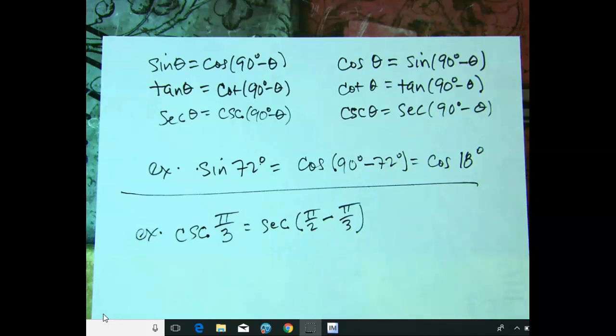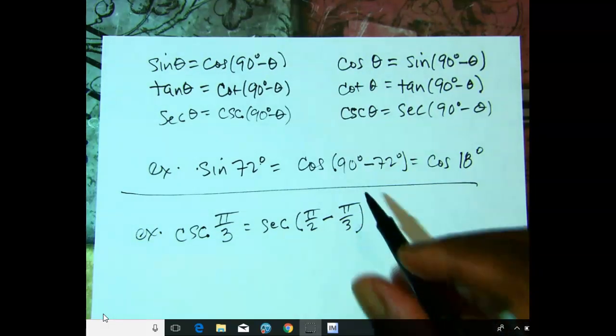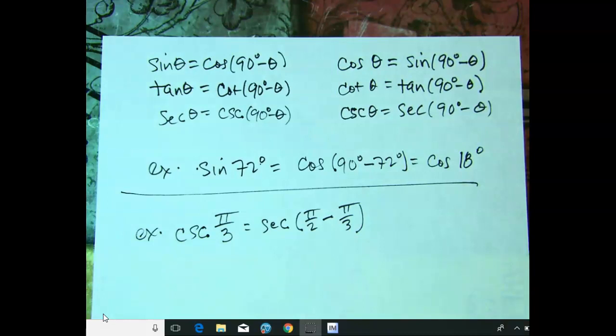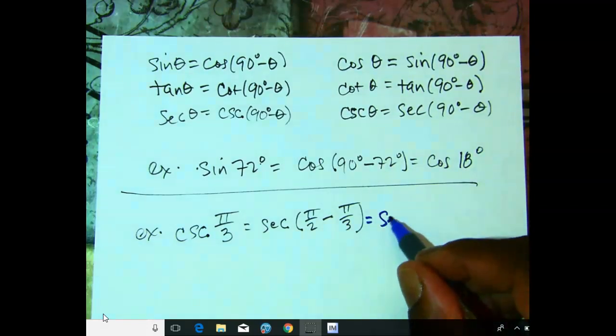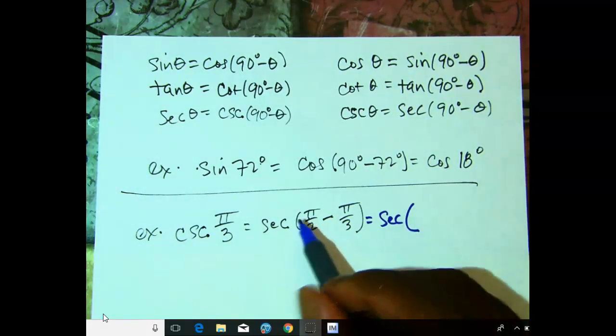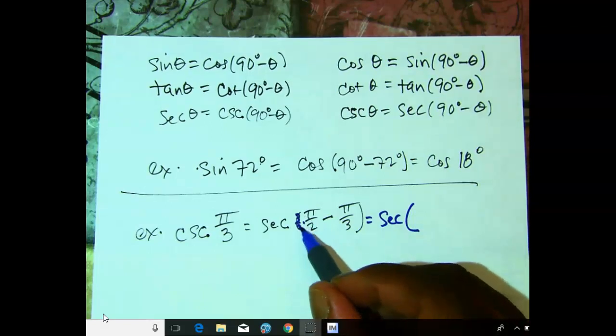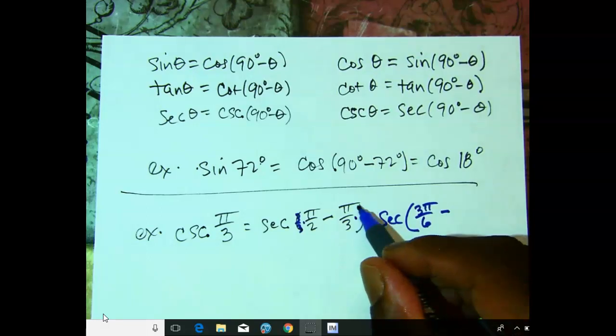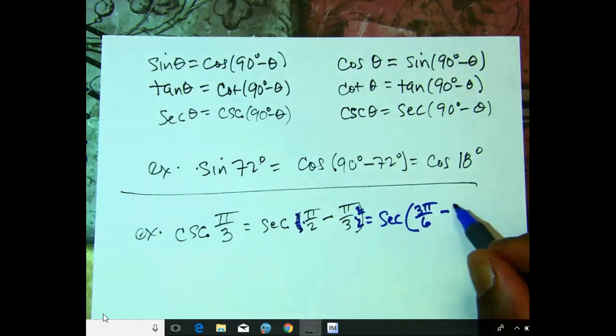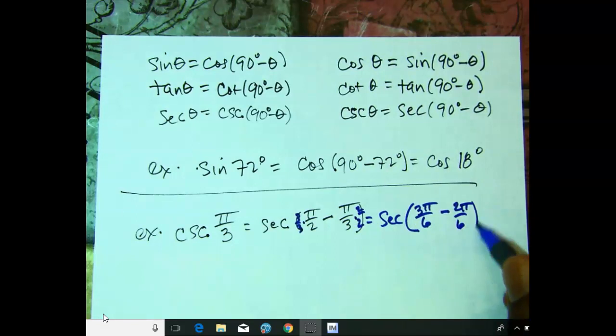So we're going to need a common denominator. And I believe our common denominator here, the LCD, is 6. So that's going to be secant of, here we will have to multiply by 3 over 3, so that'll be 3 pi over 6, minus 2 over 2, 2 pi over 6.